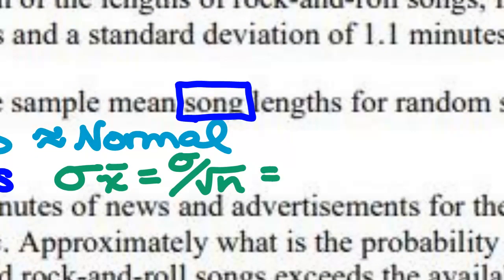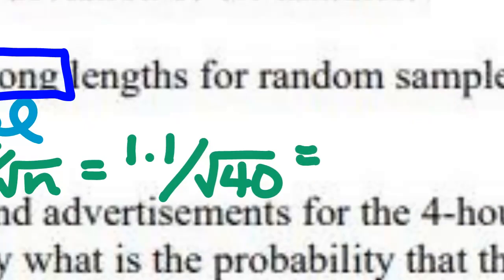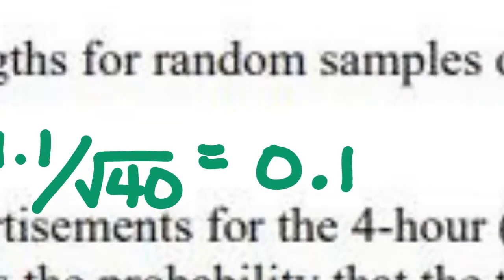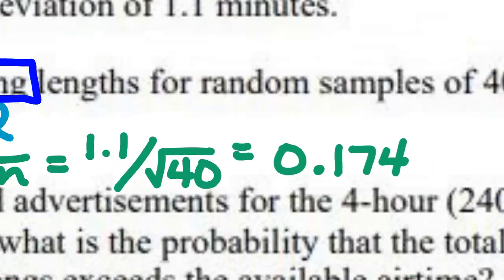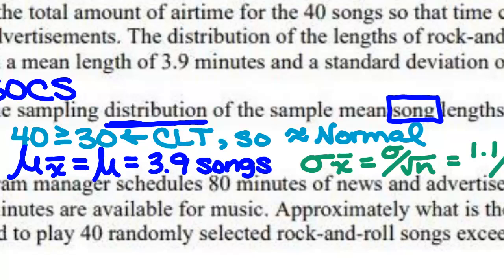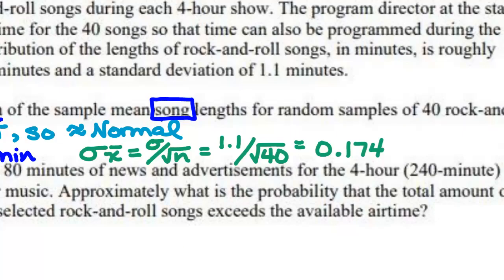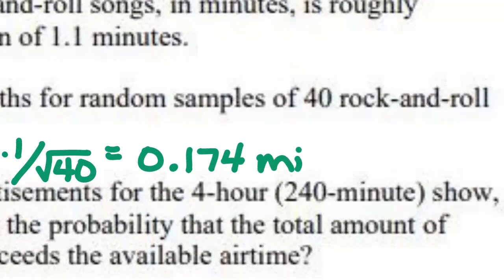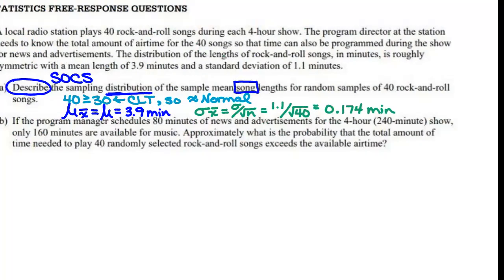What was the population standard deviation? 1.1 divided by the square root of 40. That would be 0.174. And this should be minutes, not songs. I don't know why I wrote songs. Minutes. Standard deviation of 0.174 minutes.